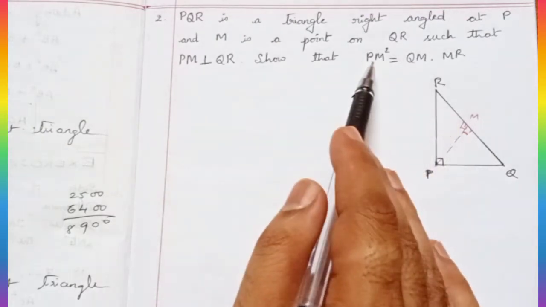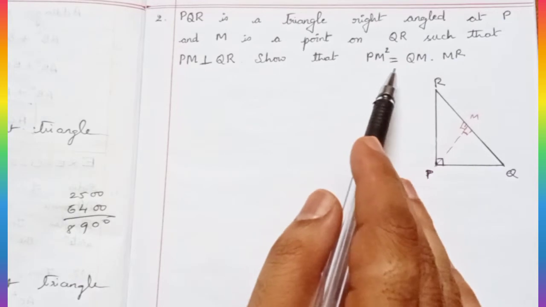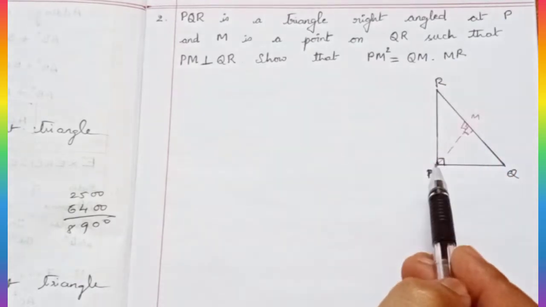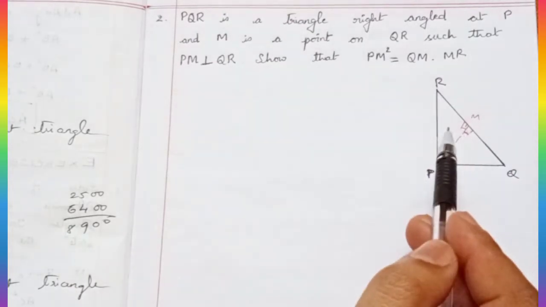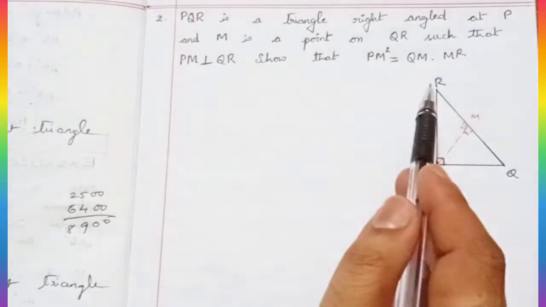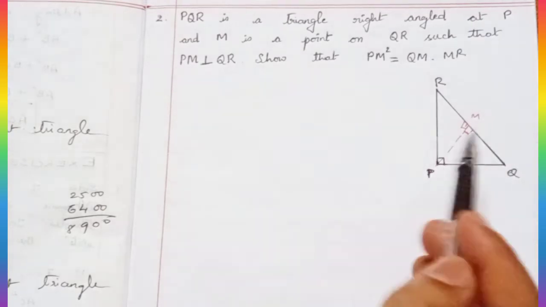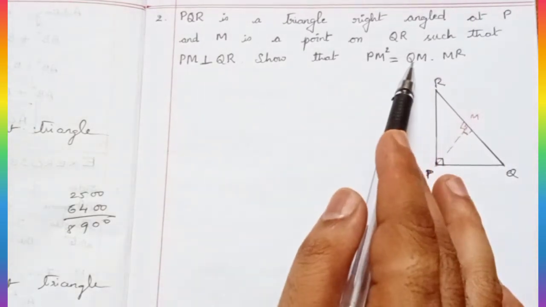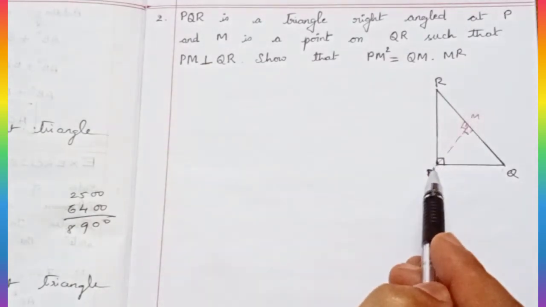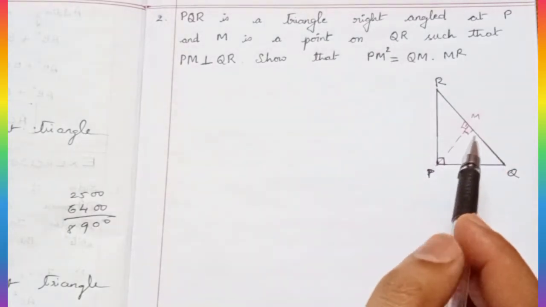You need to observe what we need to prove: PM square is equal to QM into MR. PM is a side that comes in the newly formed triangles, that is PM comes in PMR and PMQ. So obviously we need to consider those two triangles. As well as QM comes in triangle PQM and MR comes in triangle PMR. So we are getting an idea of which triangles we need to consider to solve this problem.